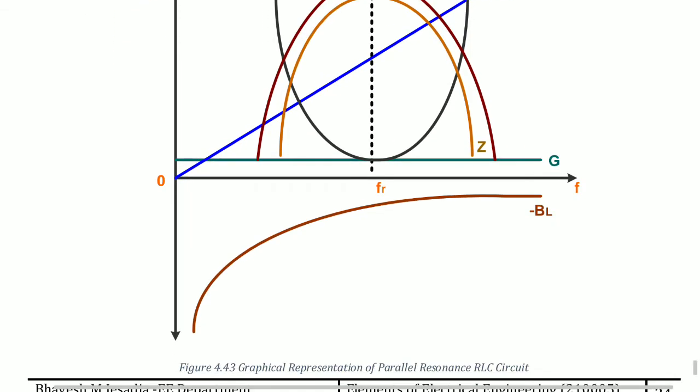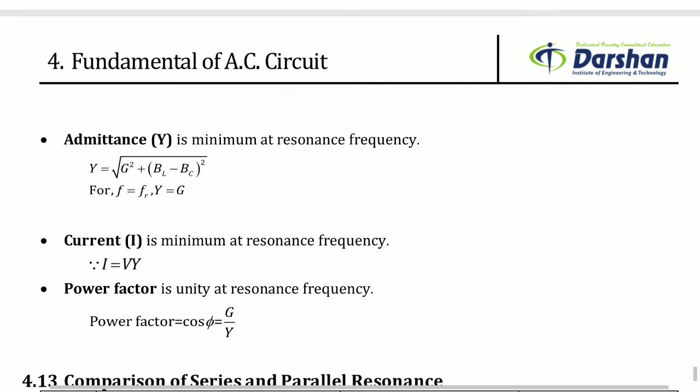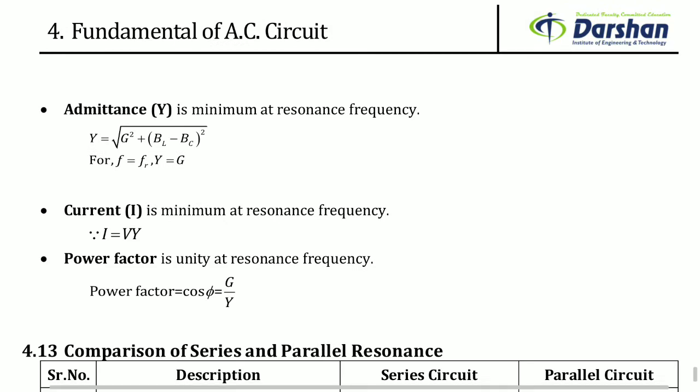So at resonance frequency, the current is minimum in parallel resonance circuits. I is equal to V into Y. Now the power factor is unity at resonance frequency, so it can be written as power factor is equal to cos phi, that is equal to Z by Y.